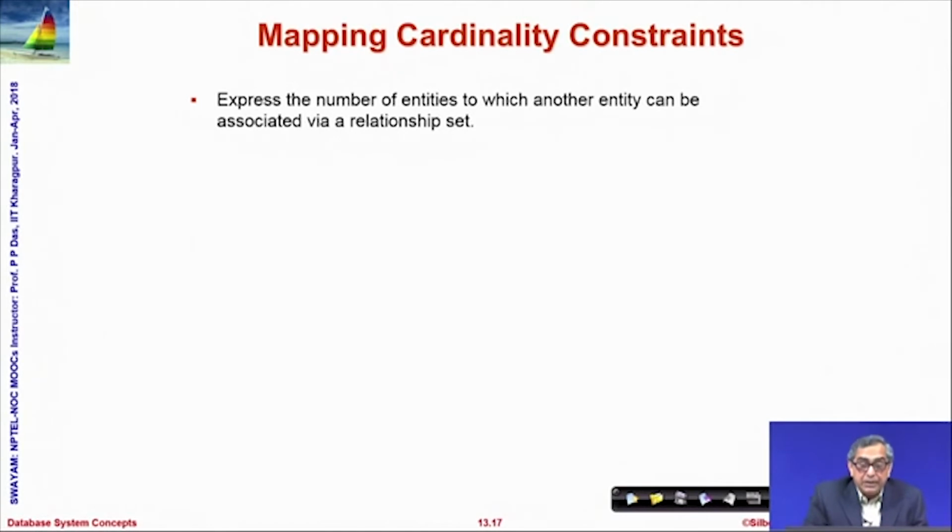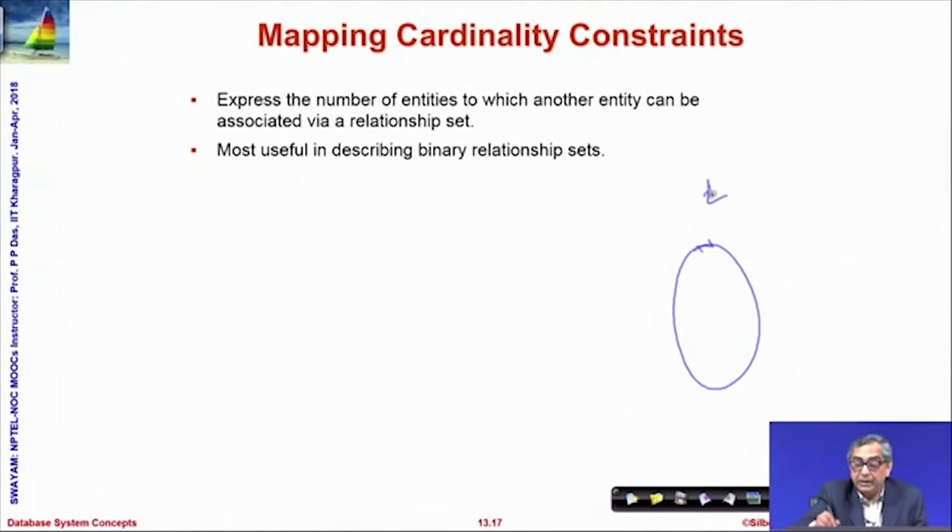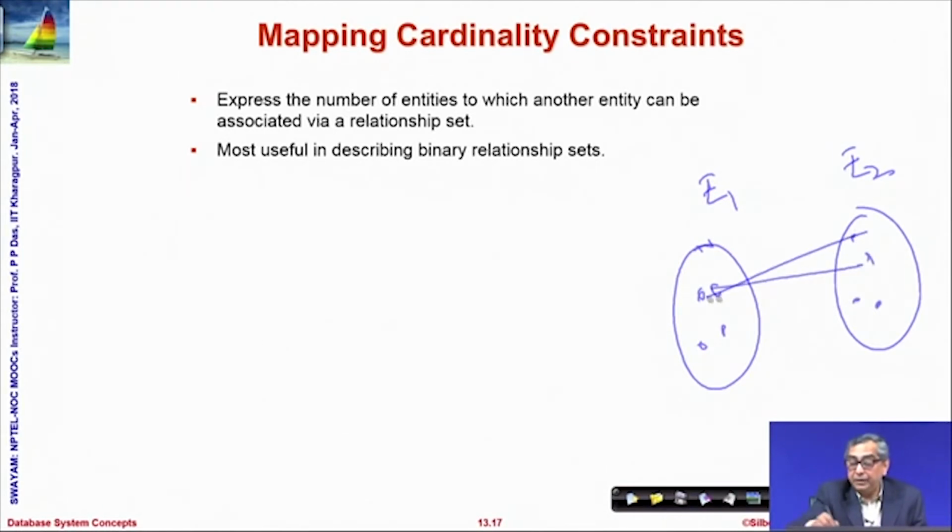There are constraints in terms of the cardinality of the relationship. The cardinality basically talks of this: when I have an entity set E 1 and an entity set E 2, there are different entities in them, and I have different associations between them.